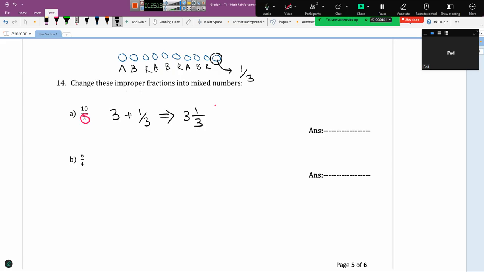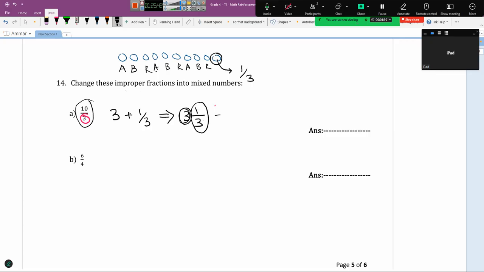Now this is the integer part of the mixed number and this is the fractional part of the mixed number. This is how we convert an improper fraction to a mixed number. If you want to cross check the answer, you multiply the integer and the denominator of the fraction, and to the answer you add the numerator.